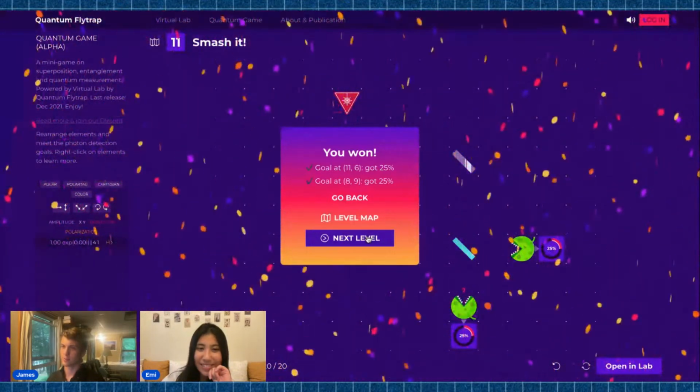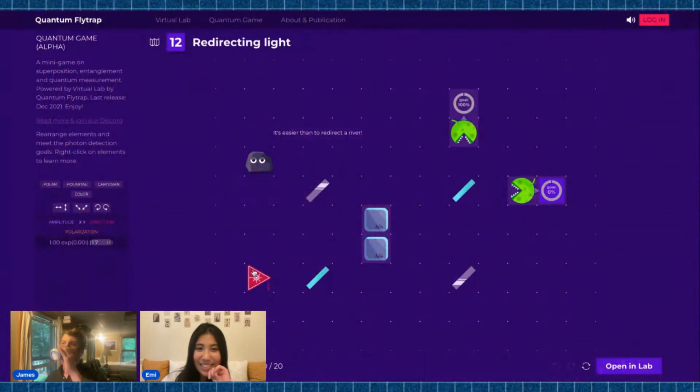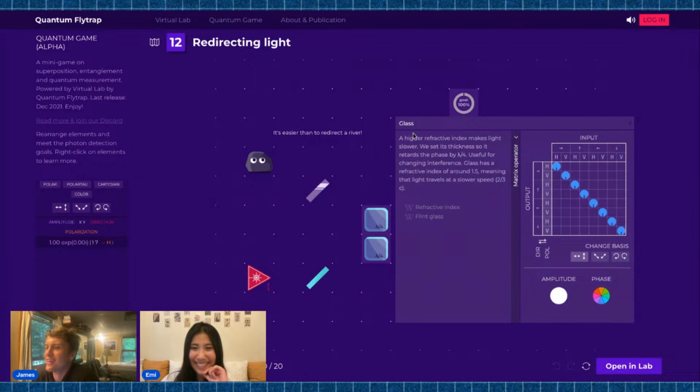Cool. Redirecting light. Okay, what is this? This is new. And the rock says it's easier than to redirect a river. I agree. Here we're talking about refraction. A higher refractive index makes light slower. We set its thickness so that it retards the phase by λ/4, which is a quarter wavelength.